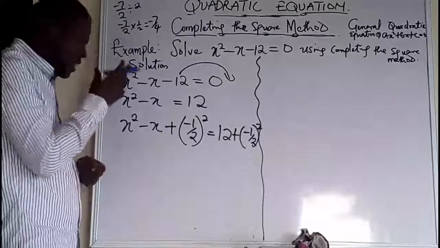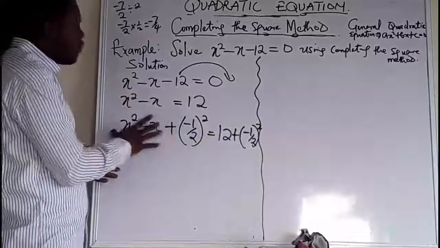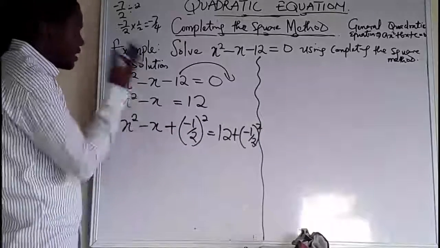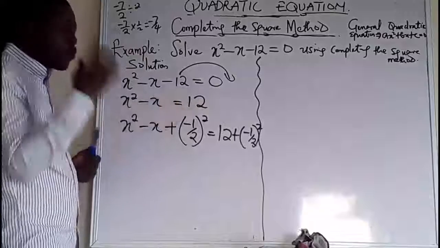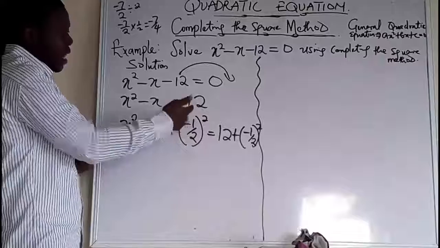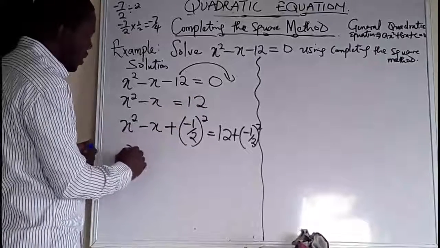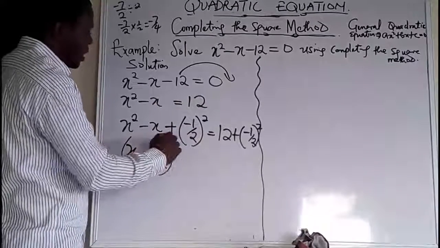Now, after getting to this level, if you factorize this expression, what you are going to get is x minus 1 over 2, everything squared. What you need to do at this level is just take the x term and the squared term, and put x minus 1 over 2 together inside the bracket.